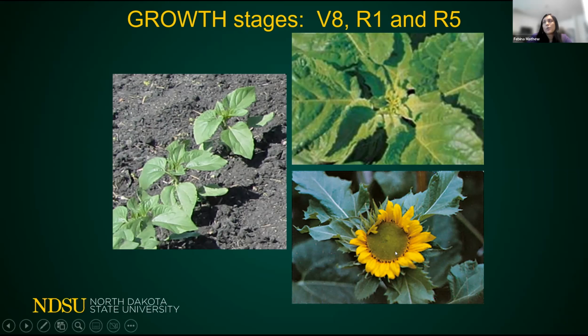But again, one of the things to keep in mind when fungicides are sprayed at R5 is the coverage. Use of the right nozzle, calibrated use of the right nozzle tip, the spray calibration, everything has some effect on how the fungicide would behave against Sclerotinia at R5.